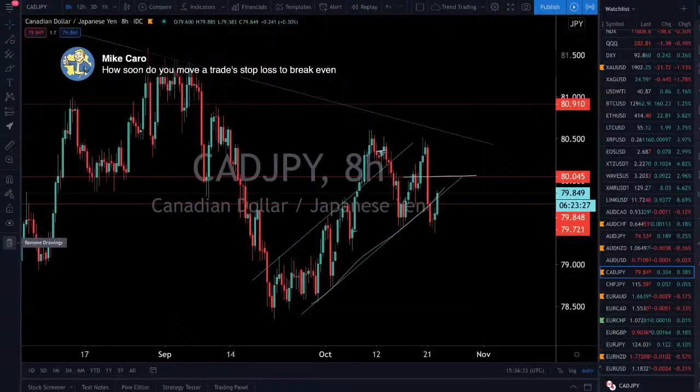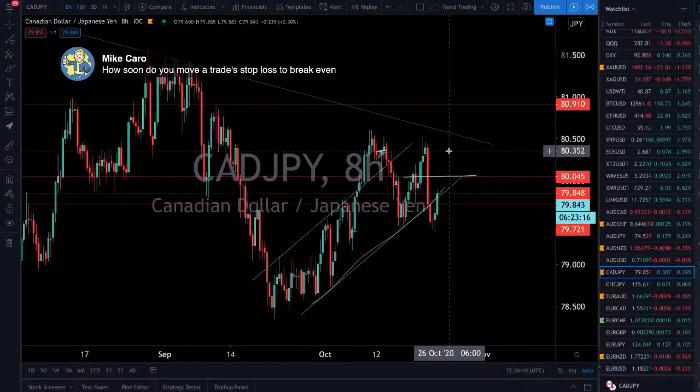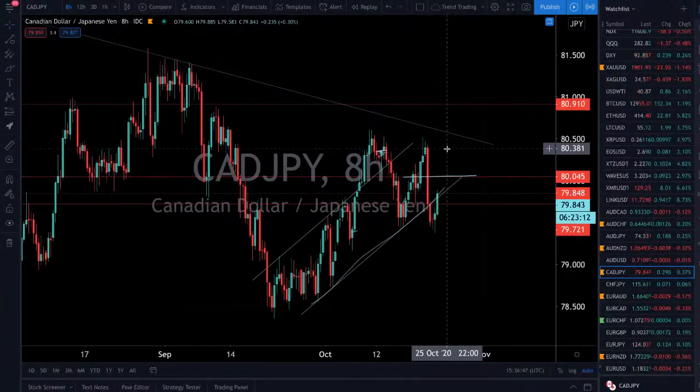So Mike, this is actually a black and white rule, so it's very easy. If you're buying, the first resistance that you come into is when you move your stop loss to break even and take a small bit of profit, 10-15% of the trade normally.